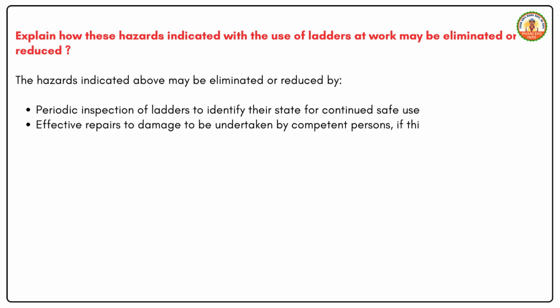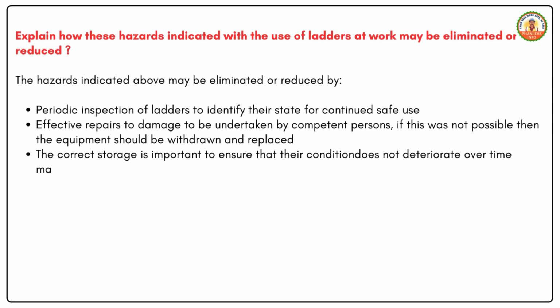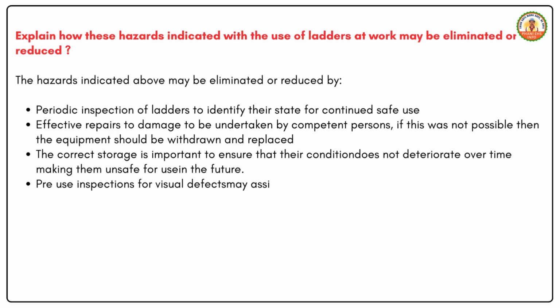If this was not possible, then the equipment should be withdrawn and replaced. The correct storage is important to ensure that their condition does not deteriorate over time, making them unsafe for use in the future. Pre-use inspections for visual defects may assist in the early identification of ladder-related hazards.